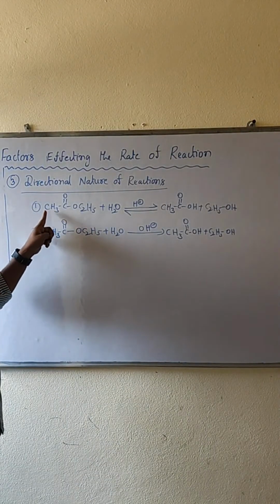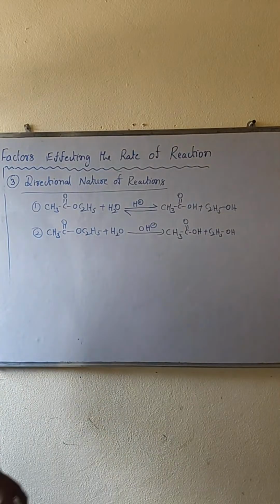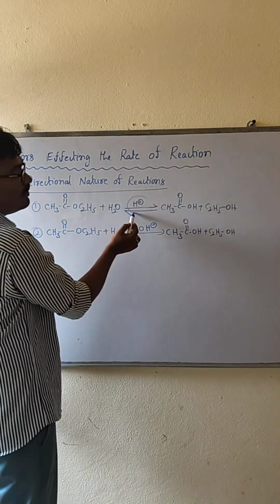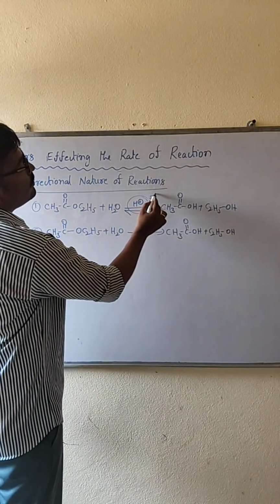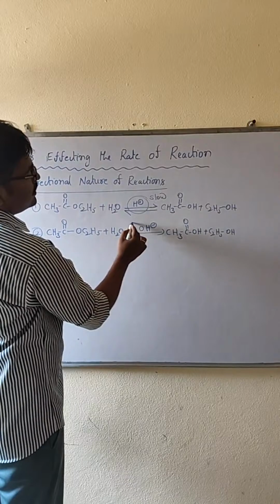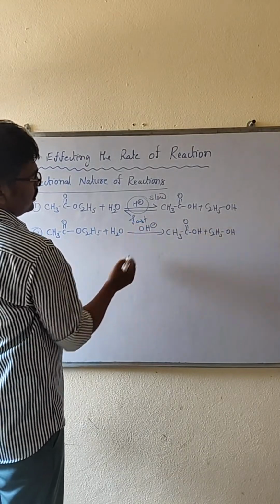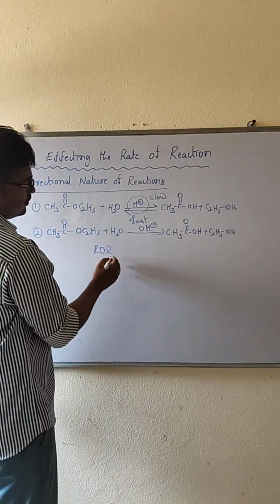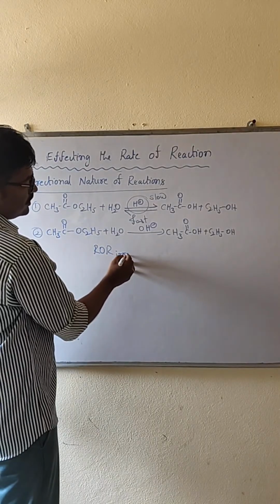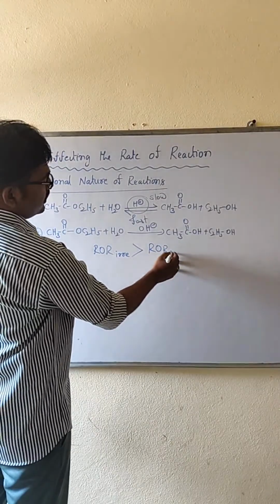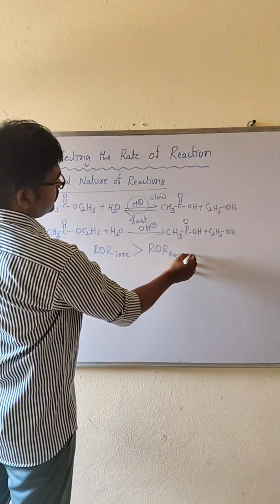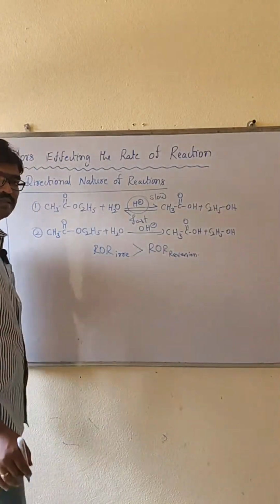Wherever reactions are irreversible, the rate of reaction is fast. The rate of reaction of irreversible is greater than that of reversible. That is what I told. This is the second case.